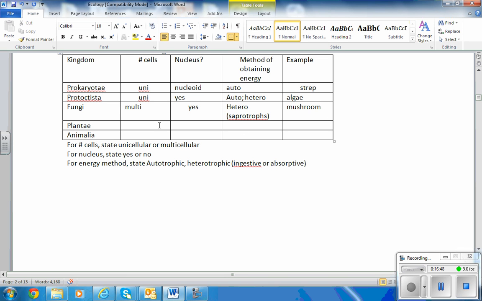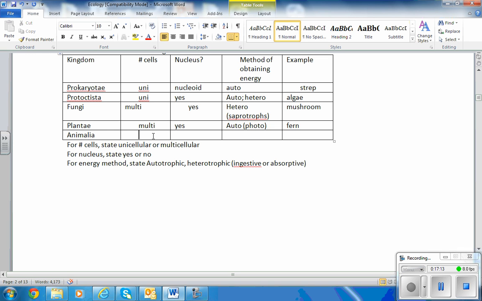Okay? All right, Plantae. Multi or uni? Multi. Okay, do they have a nucleus? All right, method of obtaining energy? Photosynthesis, so they're autotrophs. So I can say auto and then put photosynthesis in parentheses. An example, we can say anything. We'll say fern. You could put any example you want to.